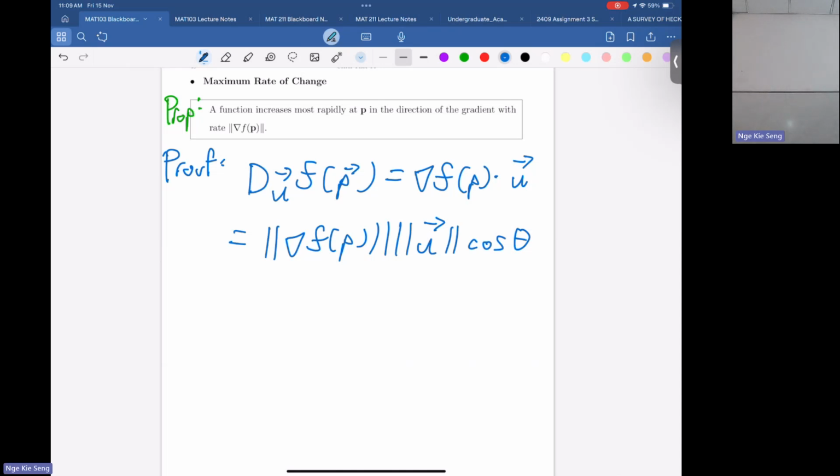From 1 to -1. So where is the maximum for cos theta? 1.